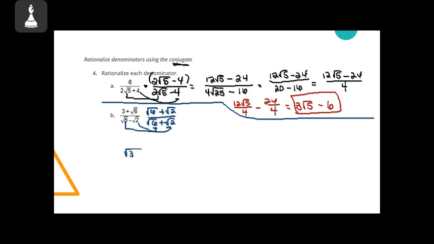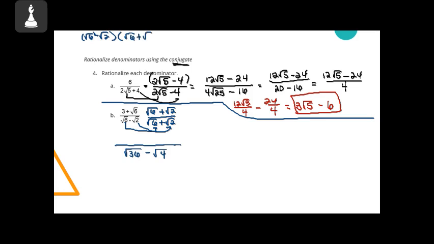Now, on top, I cannot use a shortcut because they're all different numbers. So what I have to do is FOIL them out. The reason I didn't have to FOIL this one out, if you don't believe me, let me show you. Square root of 6 minus square root of 2, square root of 6 plus square root of 2. If I FOIL this, root 6 times root 6 is root 36.